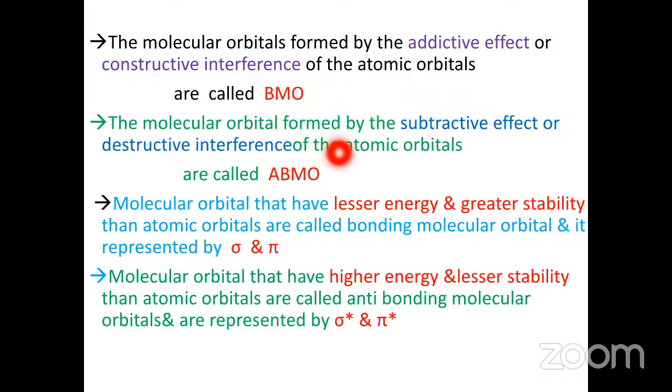The molecular orbitals formed by the subtractive effect or destructive interference of the atomic orbitals are called anti-bonding molecular orbitals. Here, the bonding molecular orbitals have lesser energy and greater stability. These are represented with sigma and pi. Then anti-bonding molecular orbitals have higher energy and lesser stability. These are represented with sigma star and pi star.